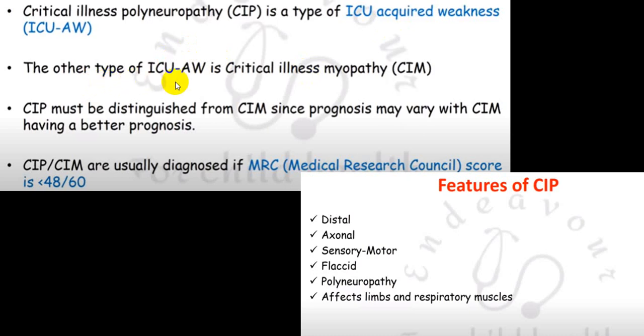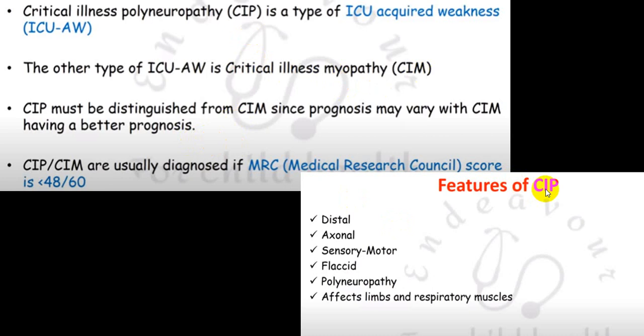Another variety in ICU acquired weakness is critical illness myopathy, which is more involvement of a muscle rather than peripheral nerve. So you must keep this in mind.